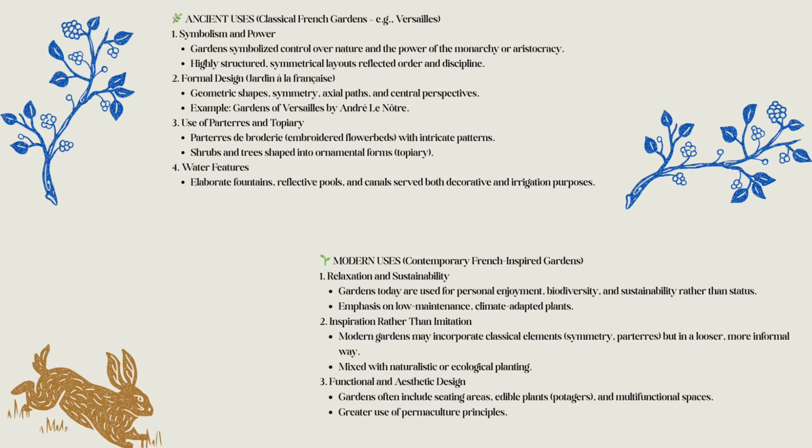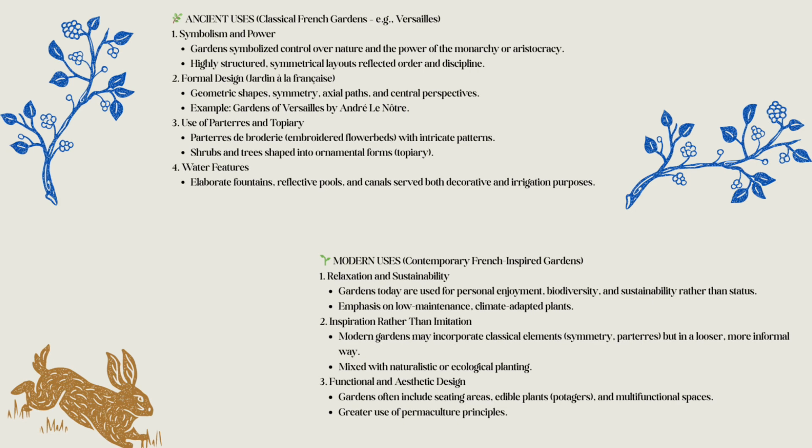For example, the Gardens of Versailles by André Le Nôtre that I just showed you earlier. Third, use of parterres and topiary: parterres de broderie, embroidered flower beds with intricate patterns, and shrubs and trees shaped into ornamental forms. And lastly, water features: elaborate fountains, reflective pools, and canals serve both decorative and irrigation purposes.